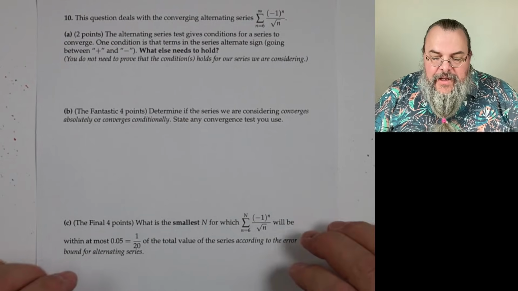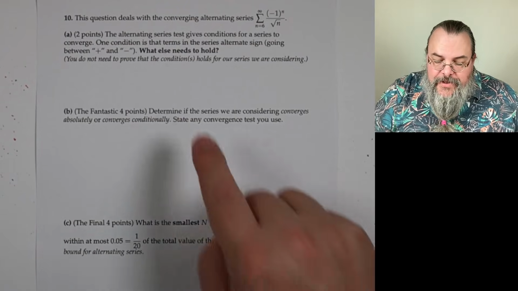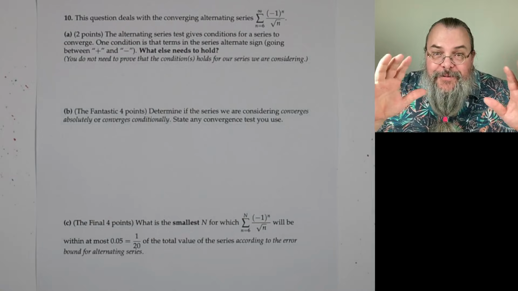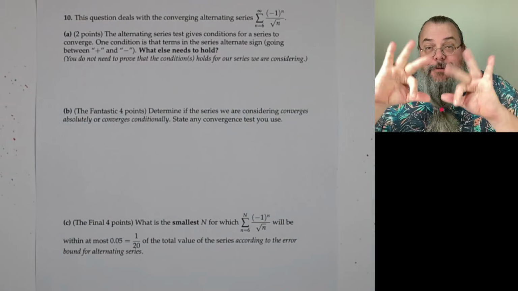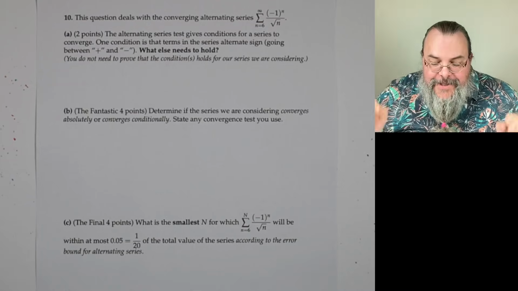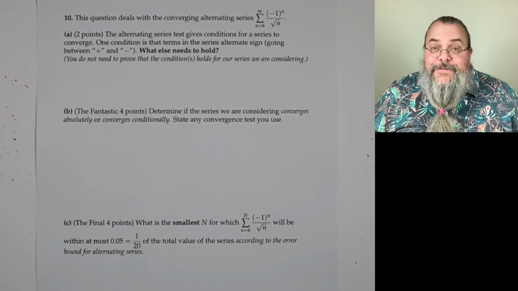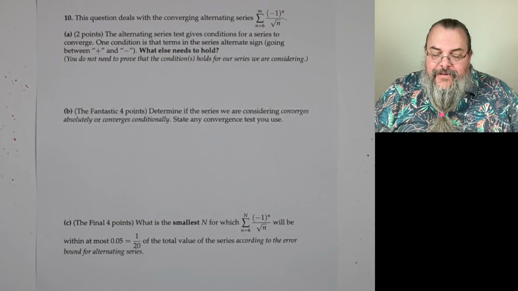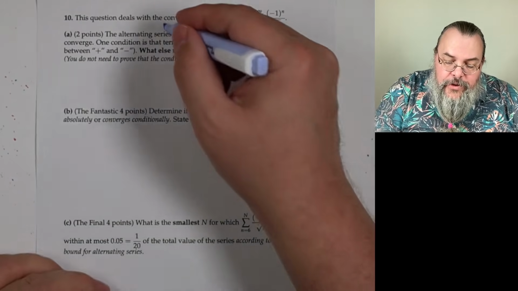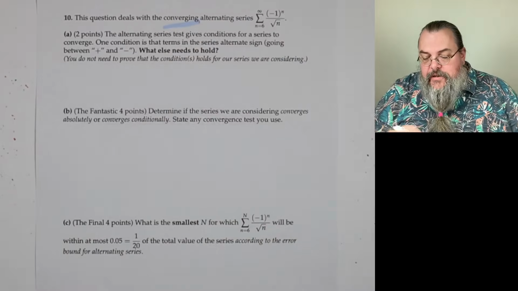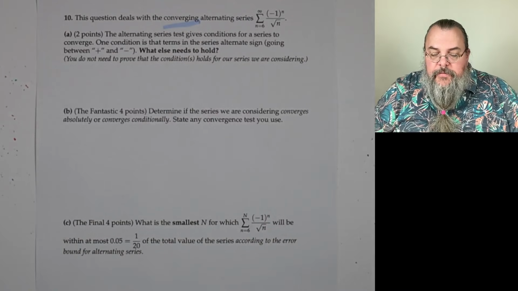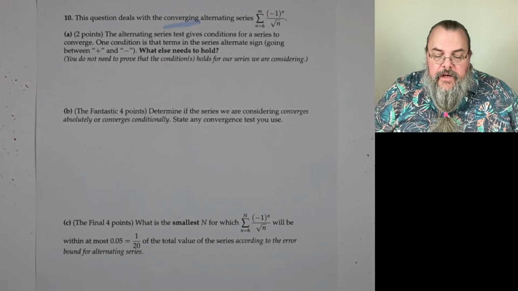All right, number 10. This question deals with a converging alternating series. Okay, so we're told already it converges. We could have told them if they wanted us to, but all right.